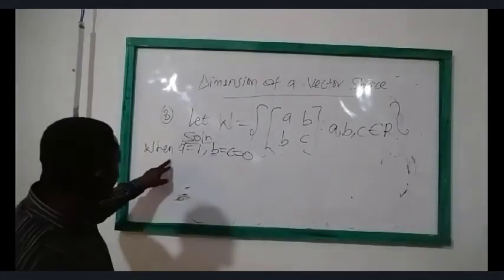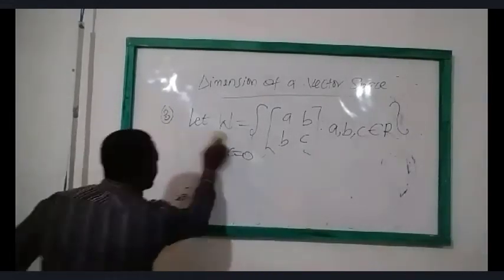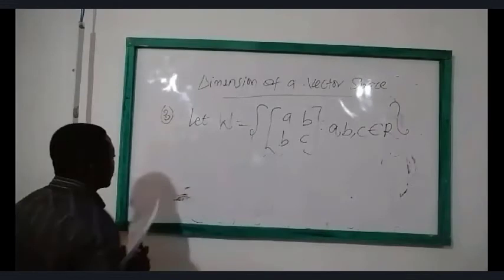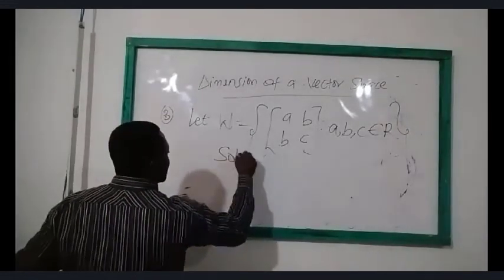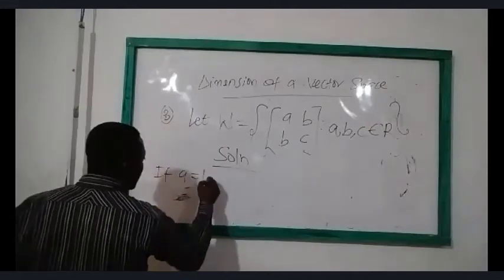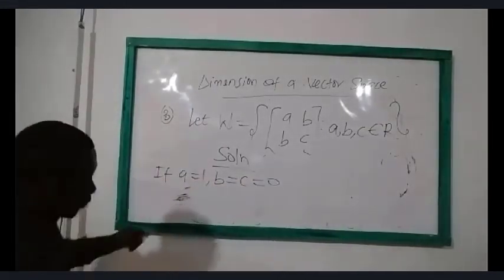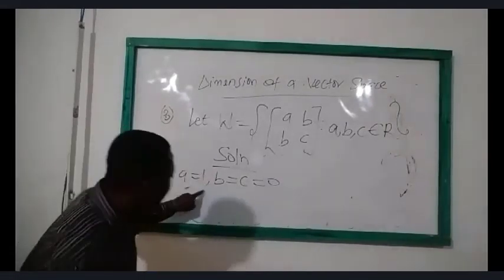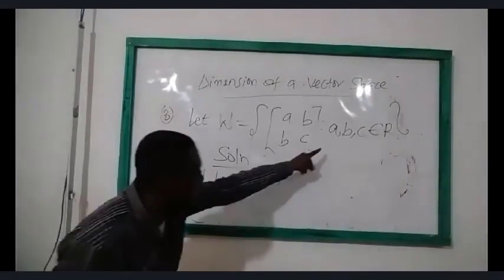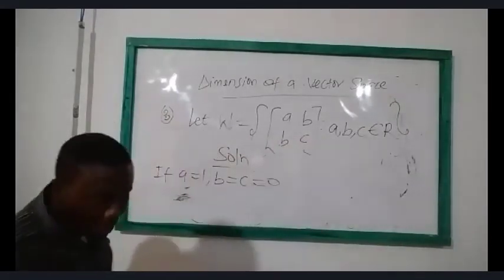Okay, so let me write it well so that I can see more. If A is equal to 1, B equals C is equal to 0. If we assume A to be 1 and B and C to be 0, look at the definition of the matrix. A, B, and C can be any real number.